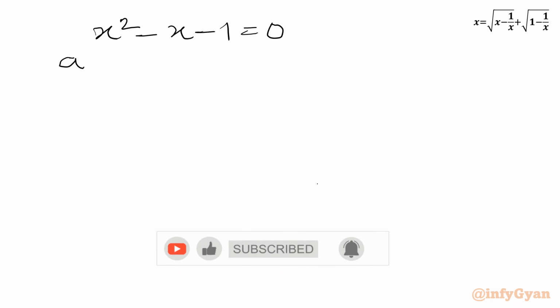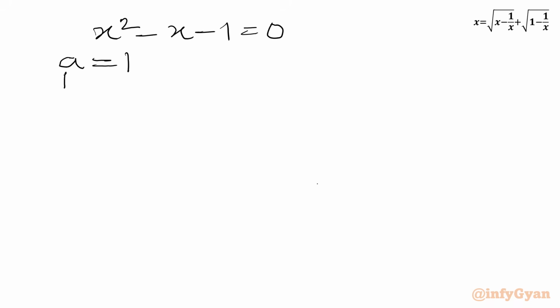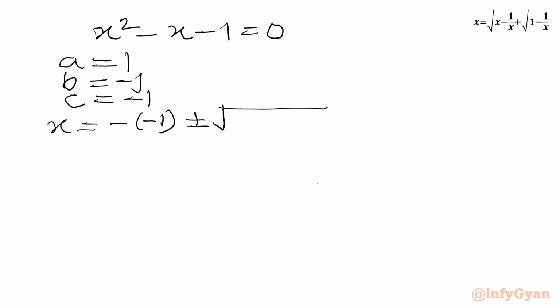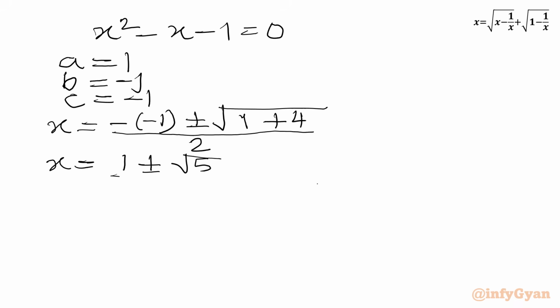Here the coefficient of x square, a, is 1. The coefficient of x, b, is minus 1. The constant, c, is minus 1. We'll write here x equal to minus b, so minus of minus 1, plus minus square root of b square, which is (minus 1) square, so 1, minus 4 times 1 times minus 1, plus 4, over 2 times 1, so 2, which will be equal to 1 plus minus the square root of 5 over 2.